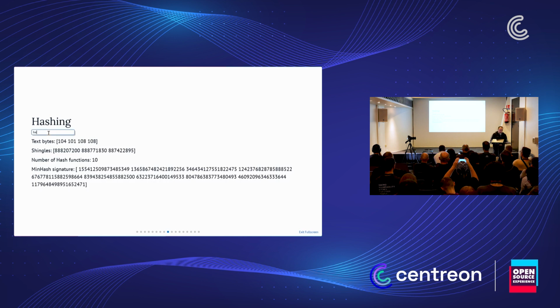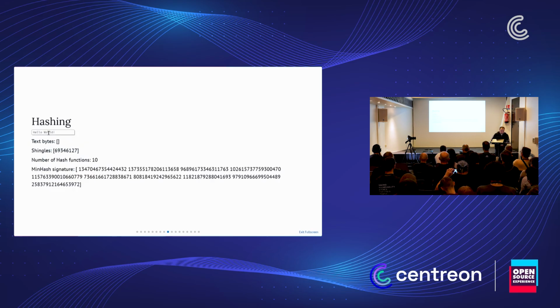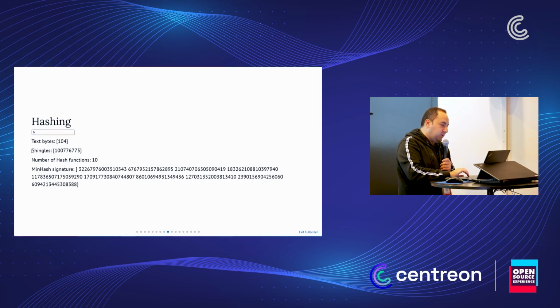Now, I will give you an example. For instance, I'll take the letter H. So what we do here is that we take the letter H, we use its text byte representation, we compute a shingle number, and we use 10 hash functions to construct the signature.